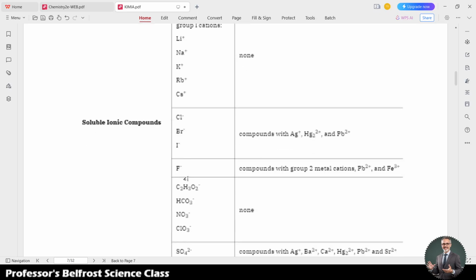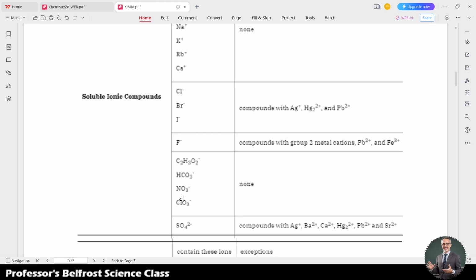Also we have fluorine, and the exception is with compounds with group 2 metal cations. You need to know it. So plumbum 2 plus, and also 3 plus, iron 3. The ionic compound is soluble if it has C2H3O2 minus, also ClO3 minus, NO3 minus, nitrate.